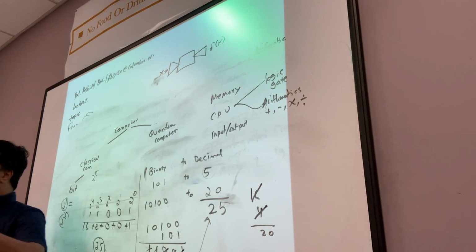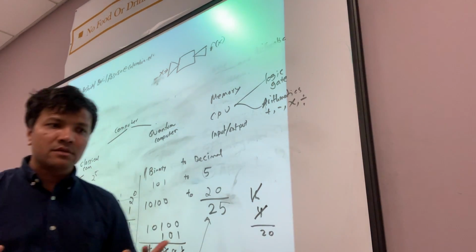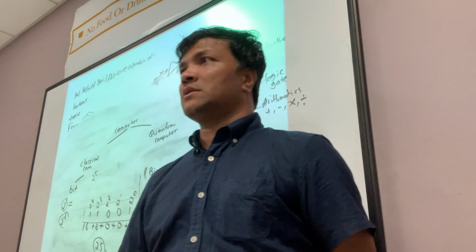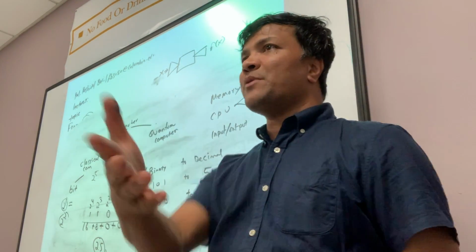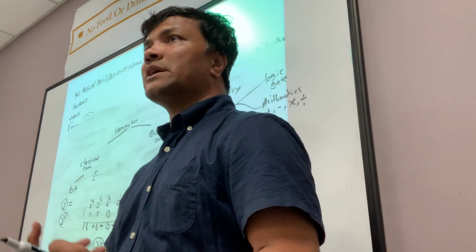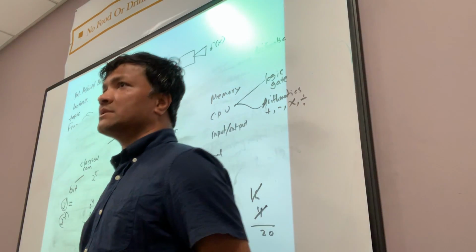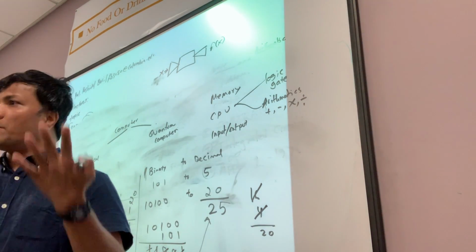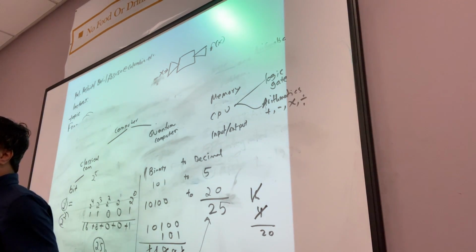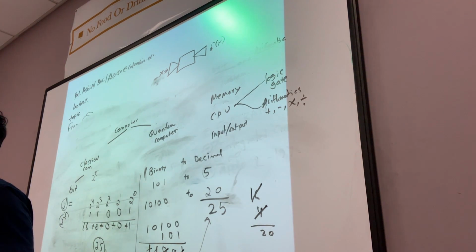so I want to know 5 plus 20 is what. I cannot say, hey computer, 5 plus 20 is what. So in order to communicate with the computer, what do I have to tell it? I have to go to the compiler and write it the way the computer understands it.